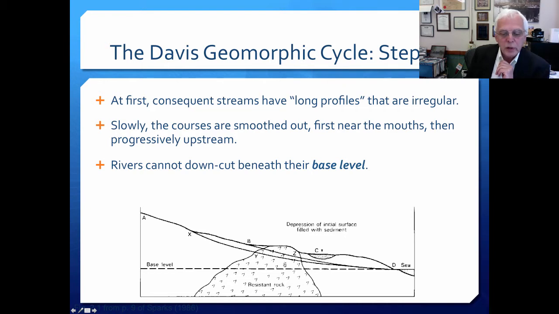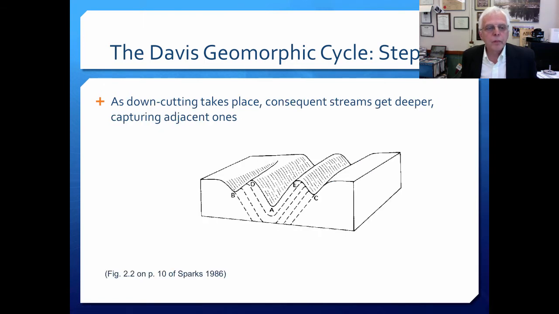The attempt is for them to get down to base level, which would be sea level, at which point they have no further potential energy. And so the down-cutting occurs first downstream and works its way upstream and begins to smooth out the profile, creating subsequent sorts of streams.